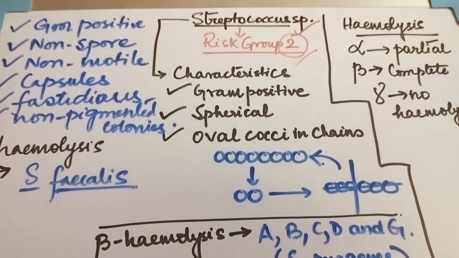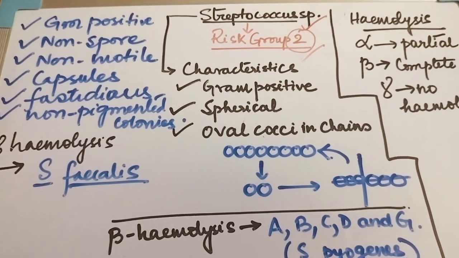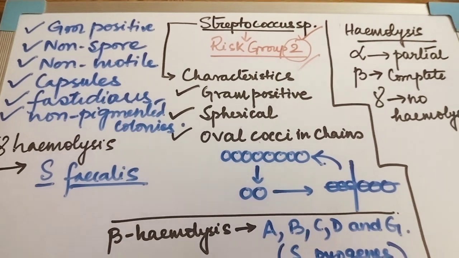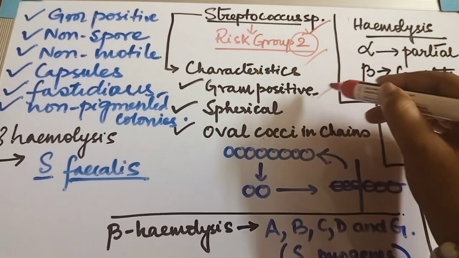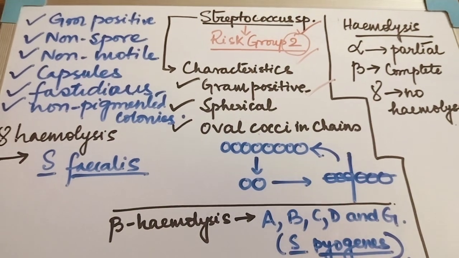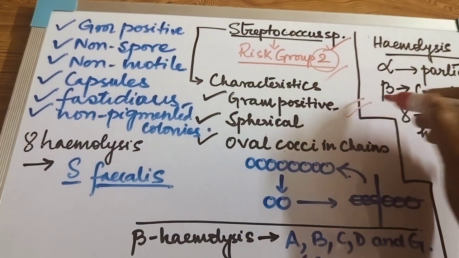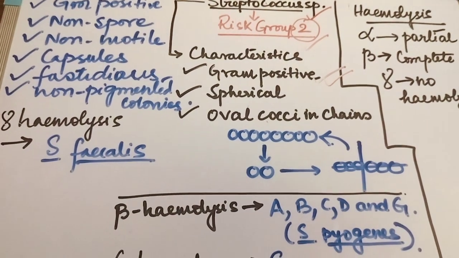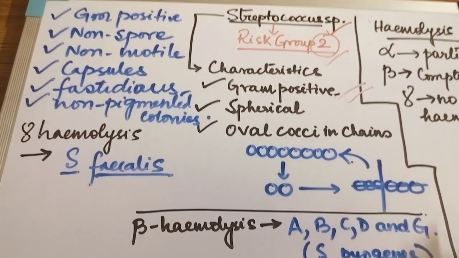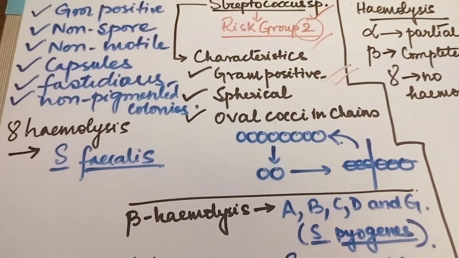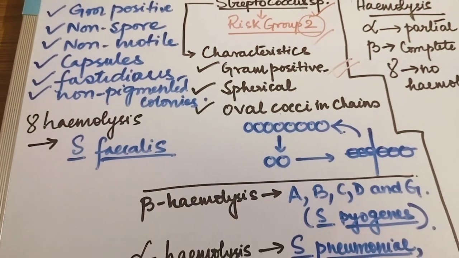Now, moving on to the general characteristics of Streptococcus, it is Gram positive. What is Gram positive? Gram positive is based on the cell wall characteristics of an organism. It refers to the color shown after Gram staining, which was discovered by Hans Christian Gram.